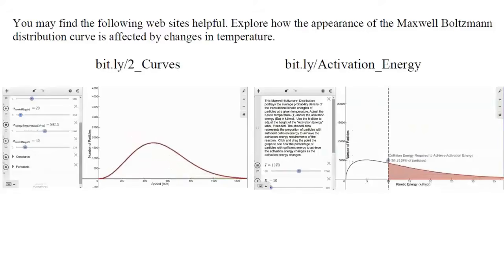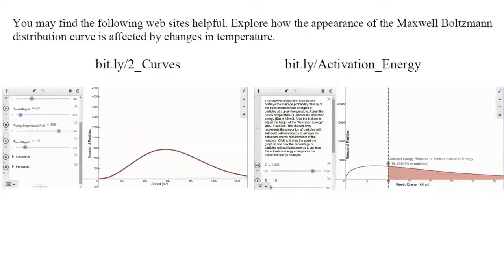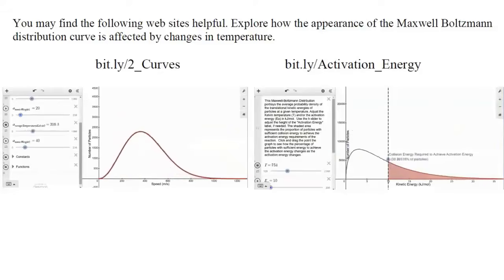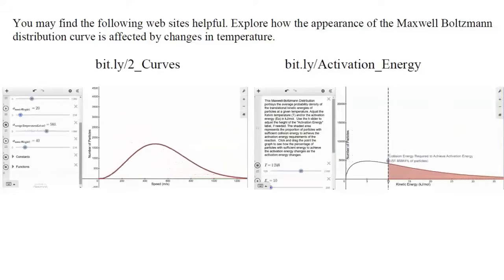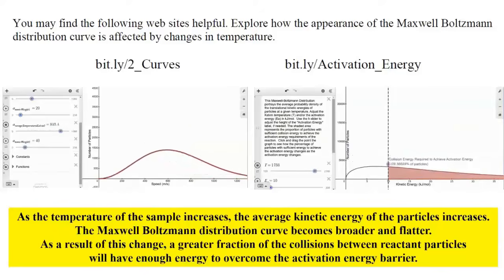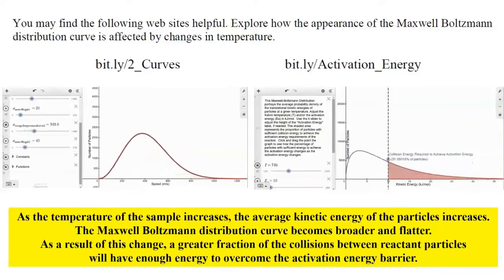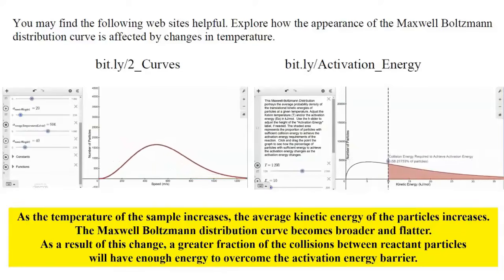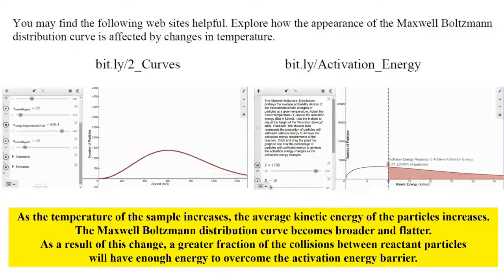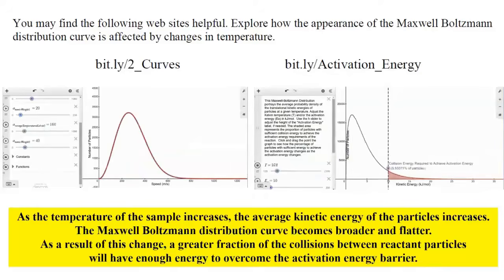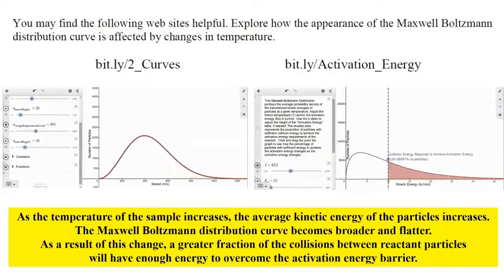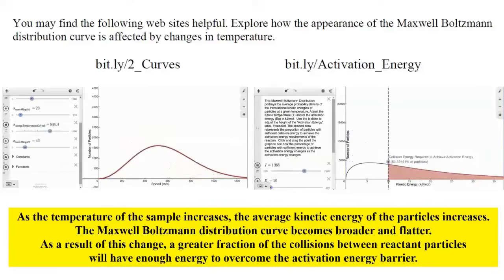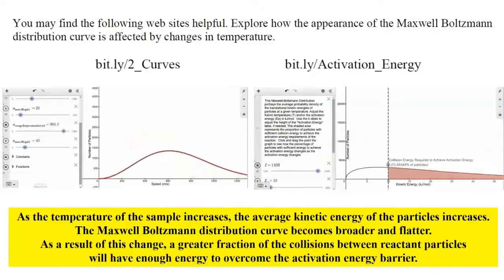We talked about that back in Unit 3, talking about kinetic molecular theory and the properties of gases. But take a look at the activity on the right side of the slide. That's going to be activation energies. You can see that there's a shaded region. That shaded region represents the fraction of reactant particles or collisions that have enough energy to overcome the activation energy barrier.